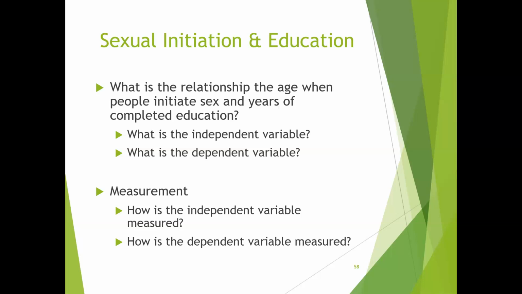Sorry, so you're asking how the years of completed education impact? No, I'm asking about how the age at first sex impacts completed education. Yes. Now, that's how I asked the question. But asking the question the other way may be much more conceptually interesting to you. This is just an example.